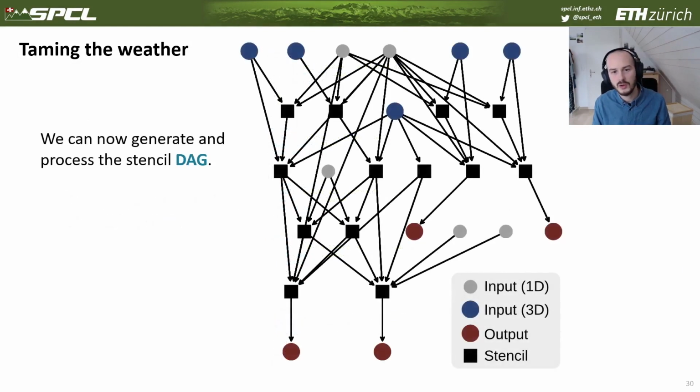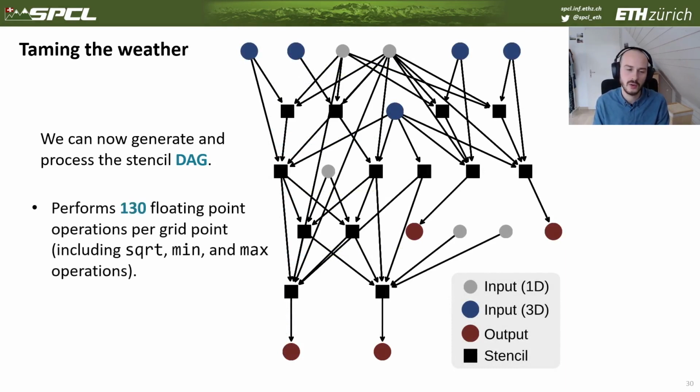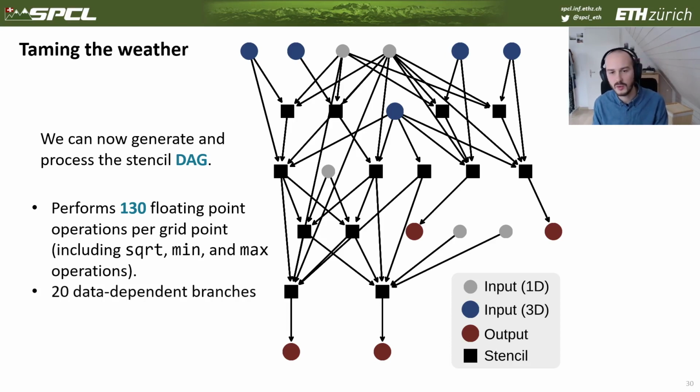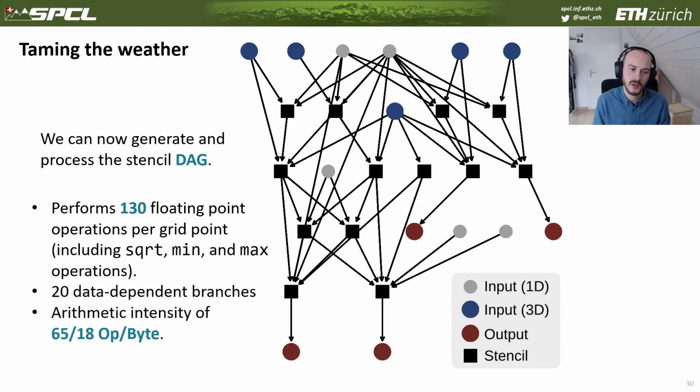We use this to generate a DAG, and after a few optimization passes, it looks something like this. This graph contains 130 floating point operations per grid point, including complex operations such as square root and min-max operations. It also contains 20 data-dependent branches, so branches that will actually do different operations depending on the value of the inputs, leading to a full arithmetic intensity of 65/18 operations per byte.